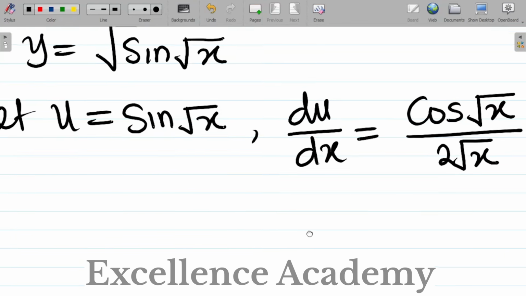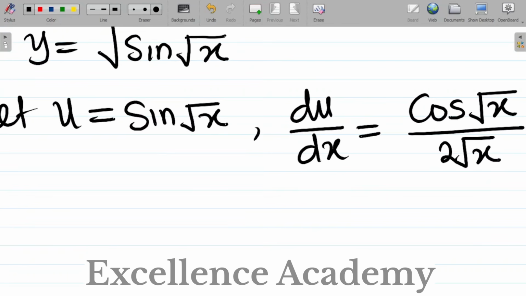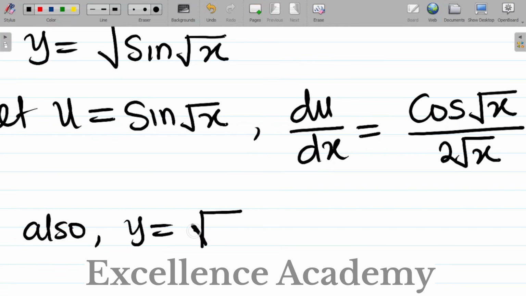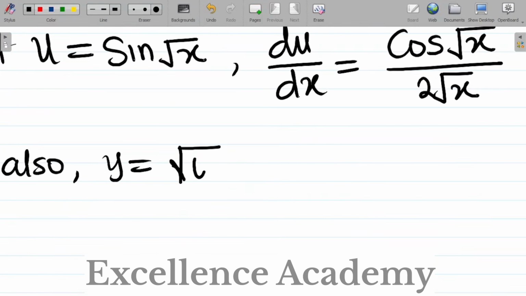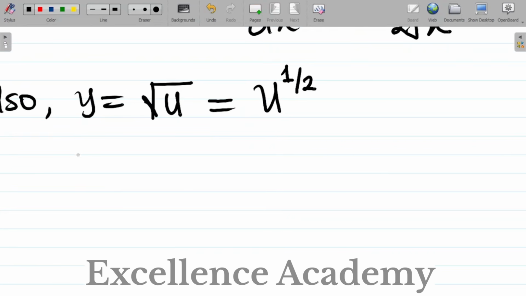Right, so from this, we can now say y is equal to the square root of, now recall that we said all of this sine root x should be equal to u. So it becomes square root of u. And this is simply equal to u to the power 1 all over 2. Let's get dy/du.